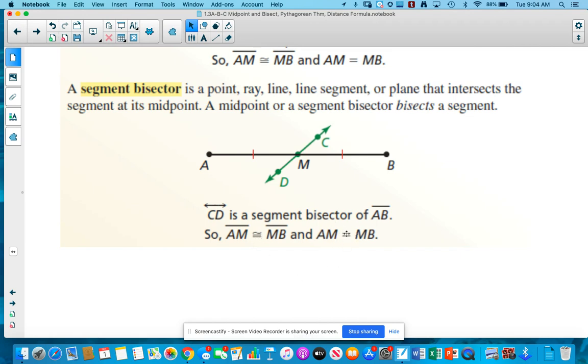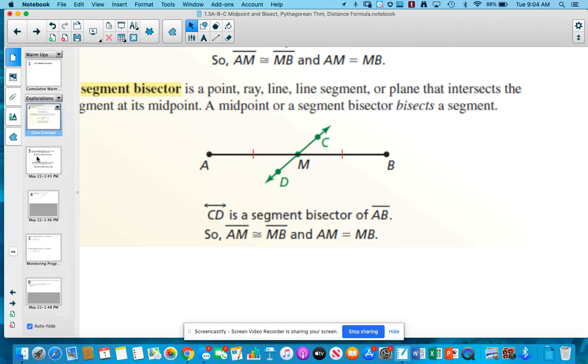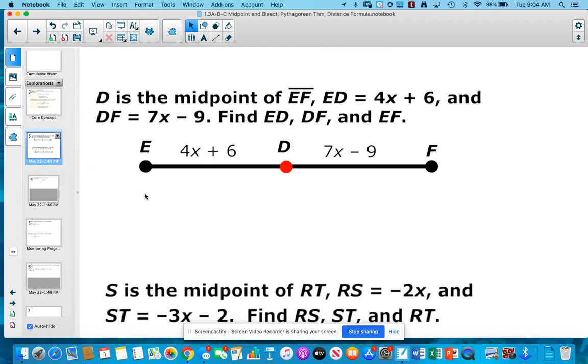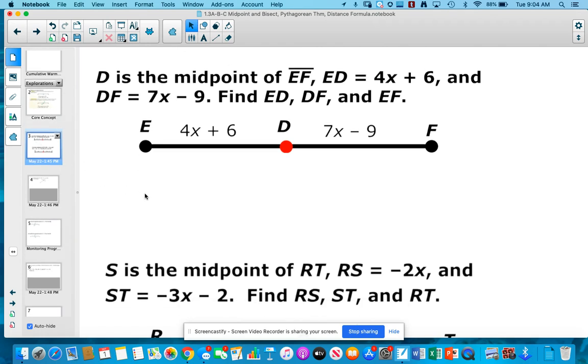All right, let's look at a couple problems and work them out. D is the midpoint of line segment EF. ED is 4x plus 6 and DF is 7x minus 9. Find ED, DF, and EF.